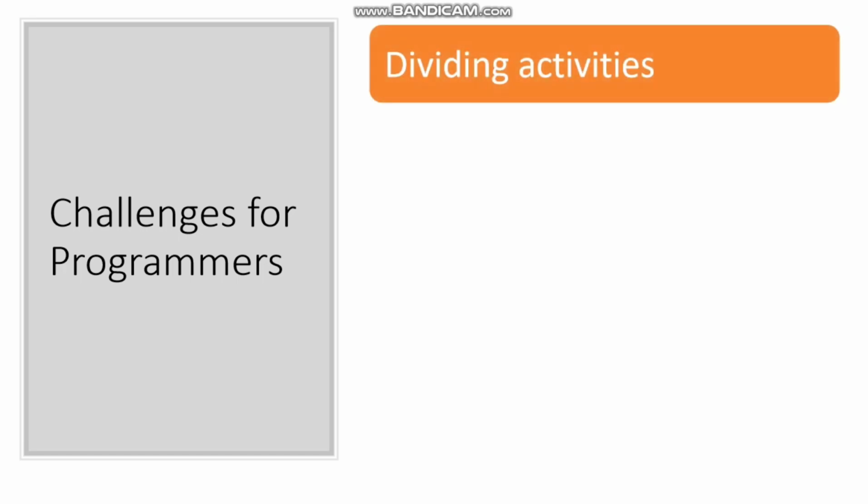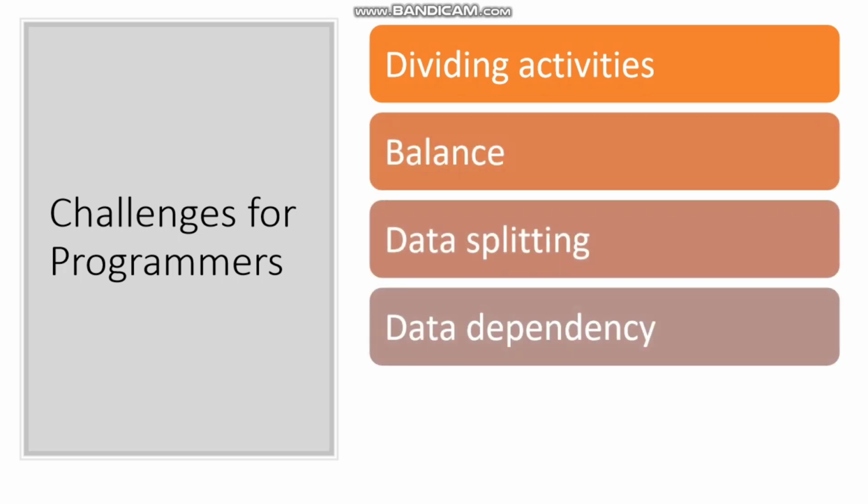In a single core system, task one is running, then task two, then task three, then task four, and after that again task one, all running on a single core. On the other hand, in a multi-core system there are two cores or four cores or more, so tasks are running simultaneously. So what are the challenges in this system? Dividing activities, balancing, data splitting, data dependency, testing and debugging.